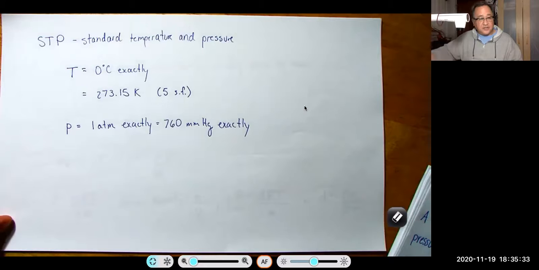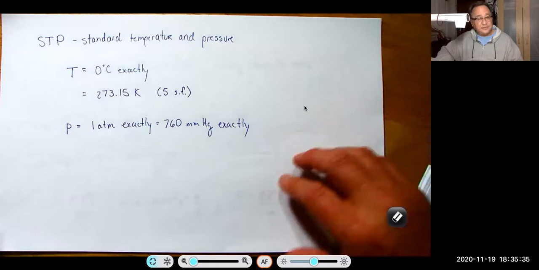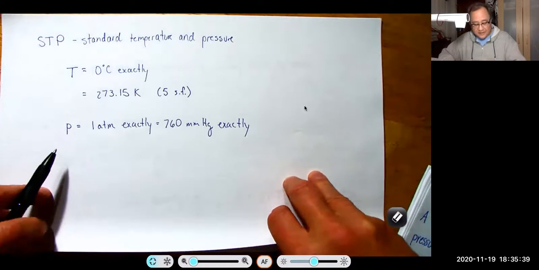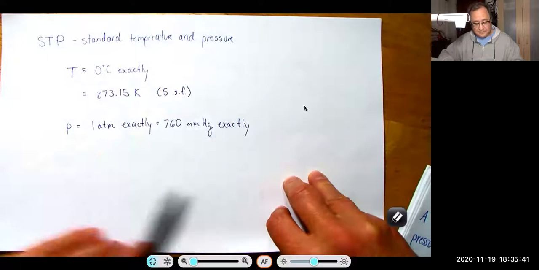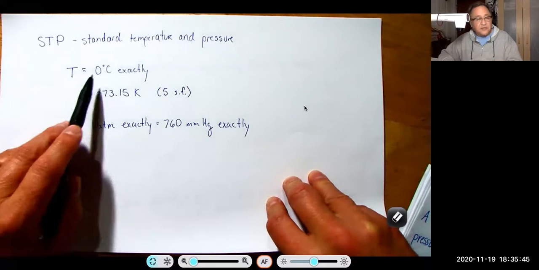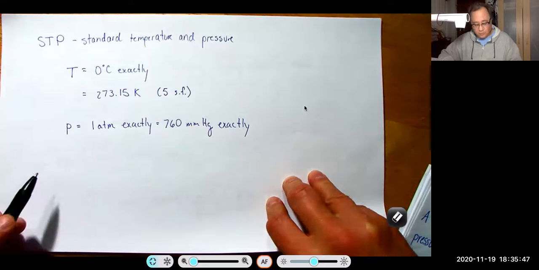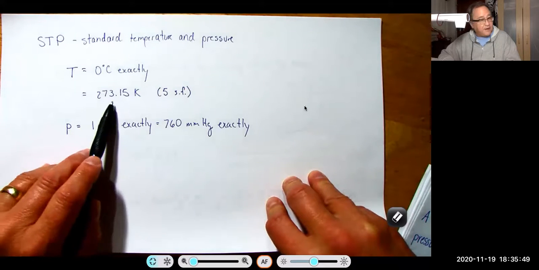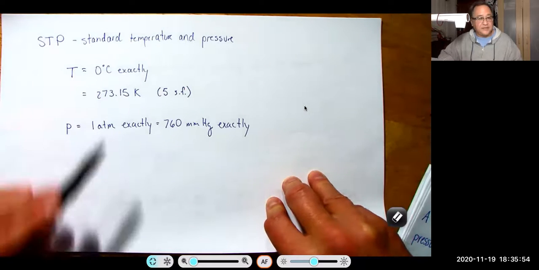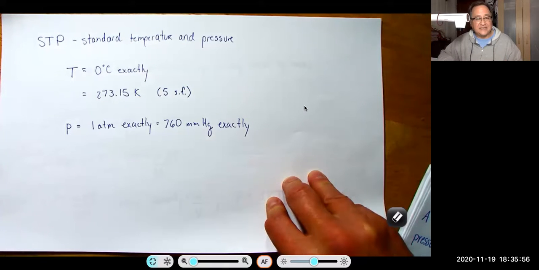Here's some more information that we're going to need for this particular section. STP. STP stands for standard temperature and pressure. The standard temperature is defined as being 0 degrees Celsius exactly, which makes it 273.15 K with 5 sig figs, because the conversion between degrees Celsius and Kelvin is not exact.